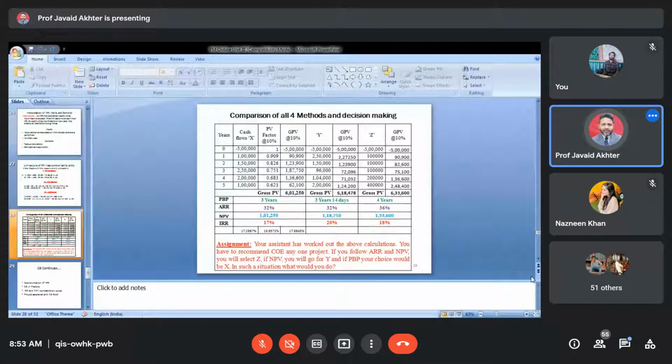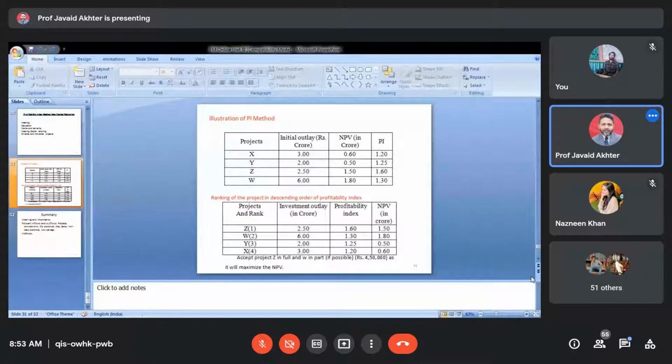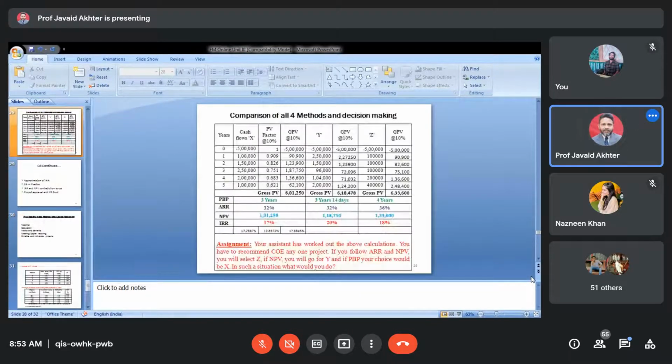I'll repeat, must be given also in the slide. Okay, this formula I have omitted, but I'll explain. What will be the profitability index of X? You can write down if you have got pen and paper with you. Profitability index is equal to gross present value divided by investment or outflow.